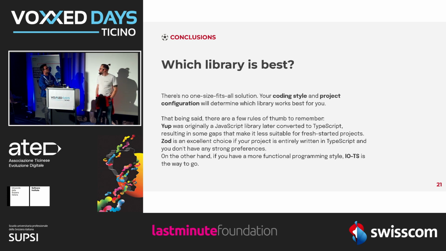That being said, Yup, unless you have an existing project with it, is not recommended anymore because it doesn't support TypeScript quite well. If you're creating a new TypeScript project from scratch, Zod is the best choice. Unless you have more of a functional programming style, then io-ts is the way to go. That's pretty much it.